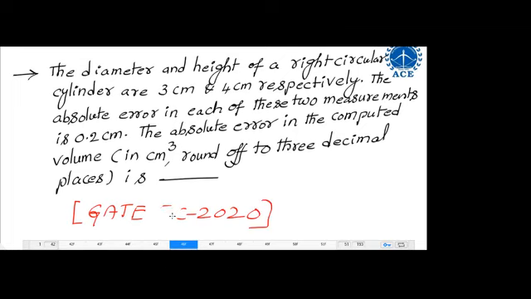GATE Civil, not electronics. Civil Engineering 2020.